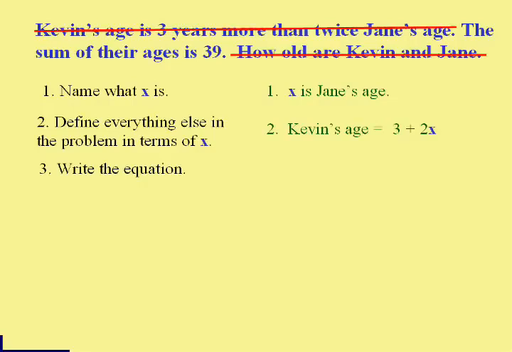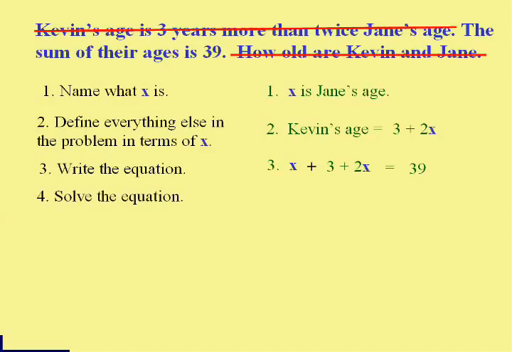So I'm ready to write the equation from what is not crossed out. I'm going to interpret word for word from steps 1 and 2. The sum of their ages, Jane's age plus Kevin's age, is 39. That's why I crossed out, to write the equation from what's left. Okay, I have an equation.